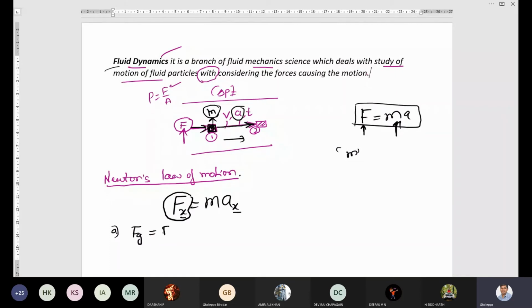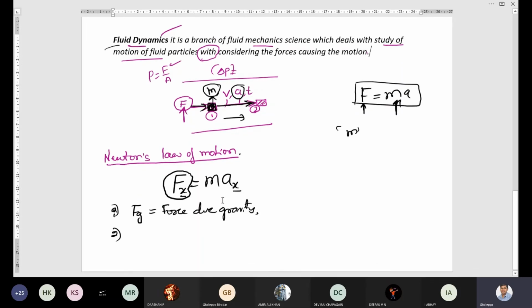Force due to gravity, or gravity force. The second force is the pressure force, because I said the fluid is moving from one point to another due to pressure difference. When there is a pressure, of course there will be some kind of force. So I will call it the pressure force, Fp.